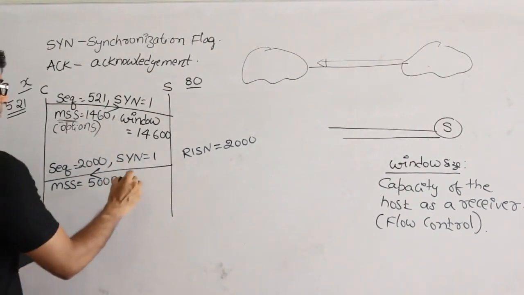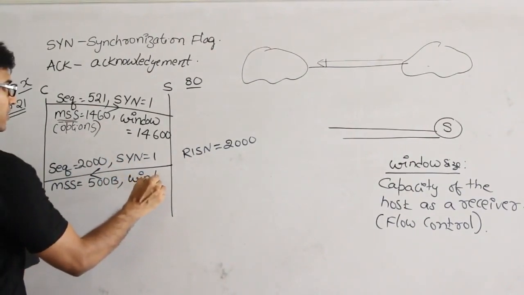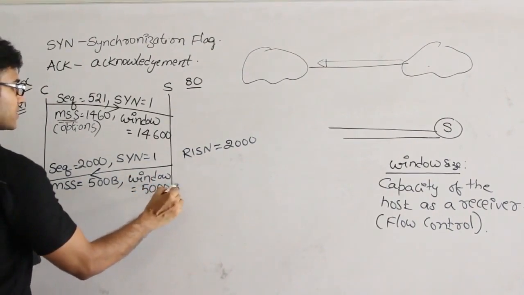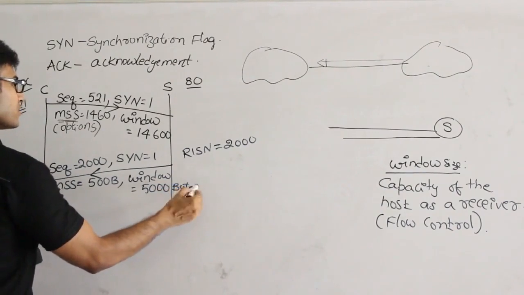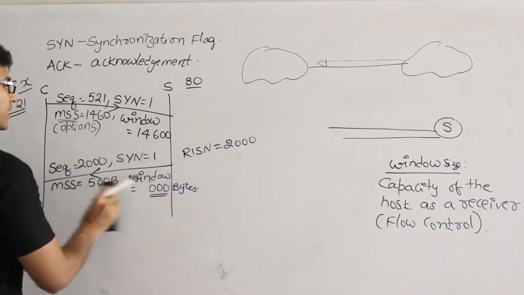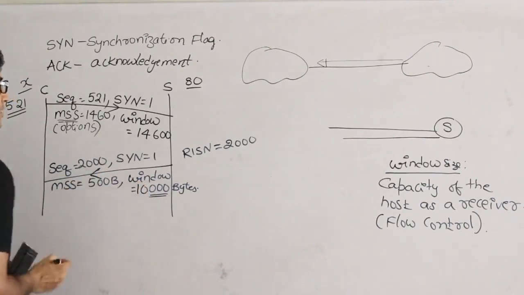And the other side will say, I am also dedicating some buffers for you, and the buffers I dedicated for this connection is 5000 bytes. See, why only 5000? I am just picking this randomly. It need not be 5000, it could even be 10,000, right? So let us say 10,000. What does this mean?